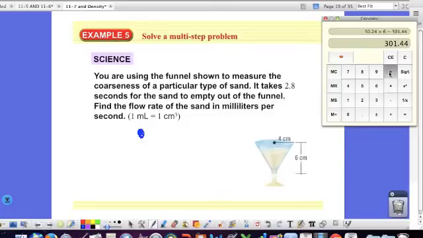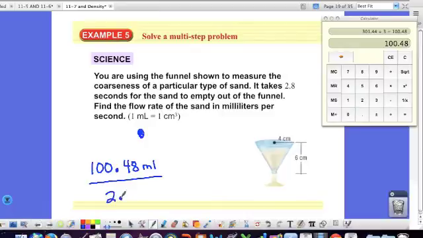But it's a cone, so divided by 3 is 100.48 milliliters per 2.8 seconds. So milliliters per second, 100.48 divided by 2.8 is 35.88. That is the flow.